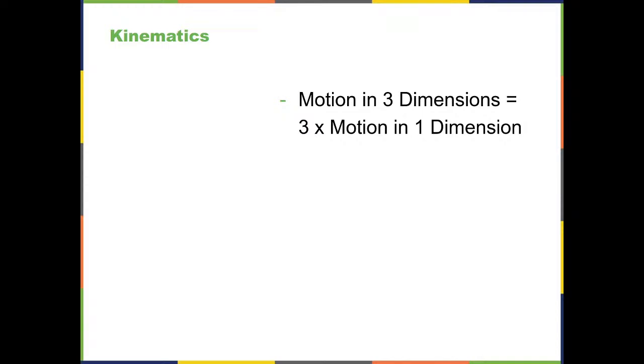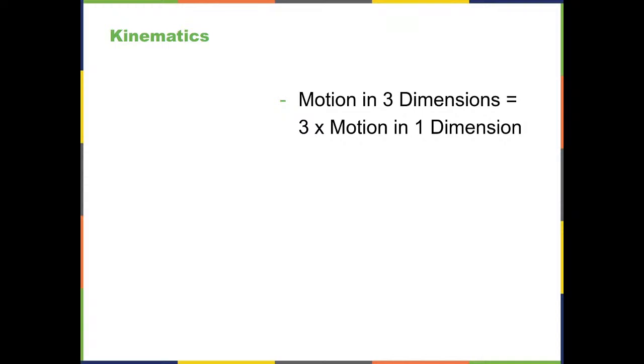So if something is accelerating with an acceleration vector only in the x direction, with 0 acceleration in the y direction and 0 acceleration in the z direction, then there will be no effect of that acceleration in the x direction on the position or the velocity in the y and the z direction.